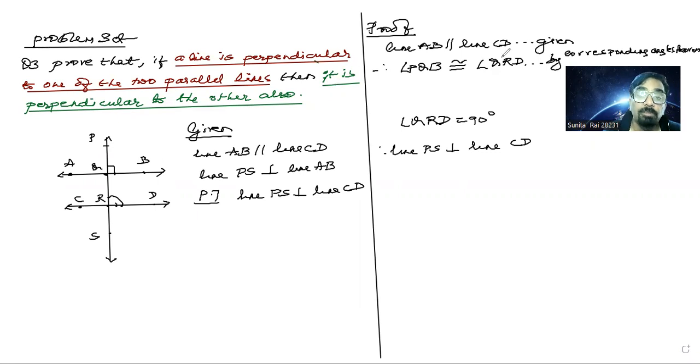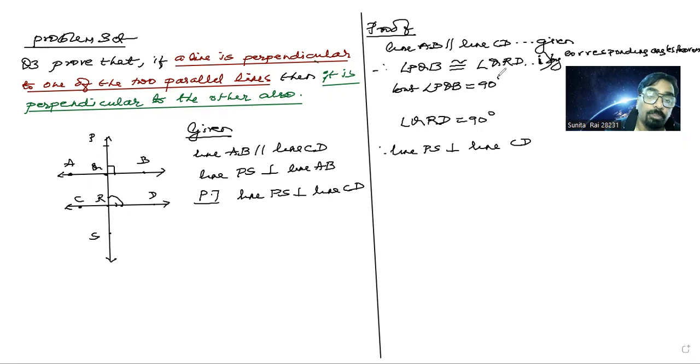But don't you agree, children? Suppose this is statement number one. But angle PQB is equal to 90 degrees.